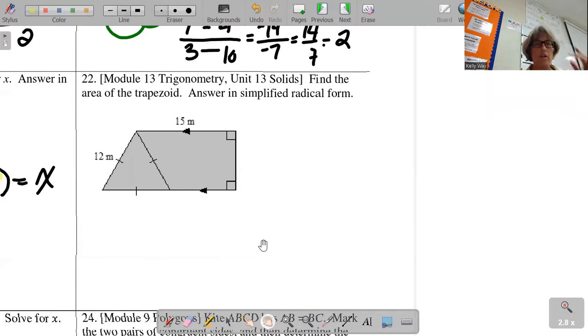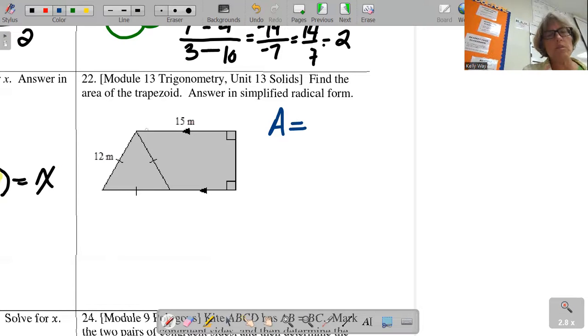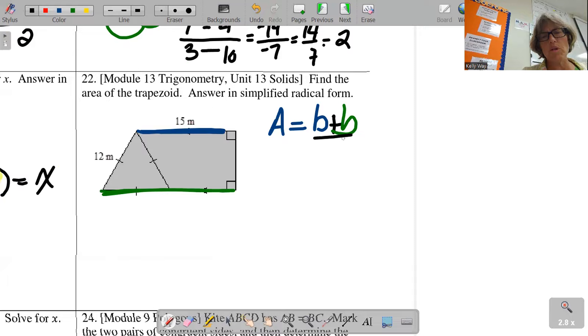Find the area of the trapezoid. Answer in simplified radical form. Area of a trapezoid is base plus base over 2. This is how I do it.